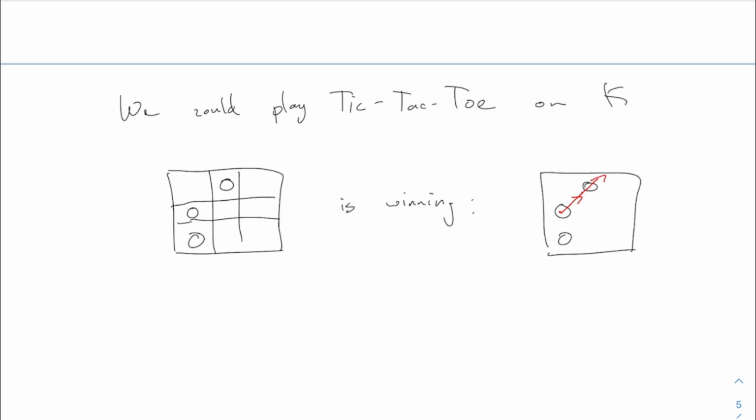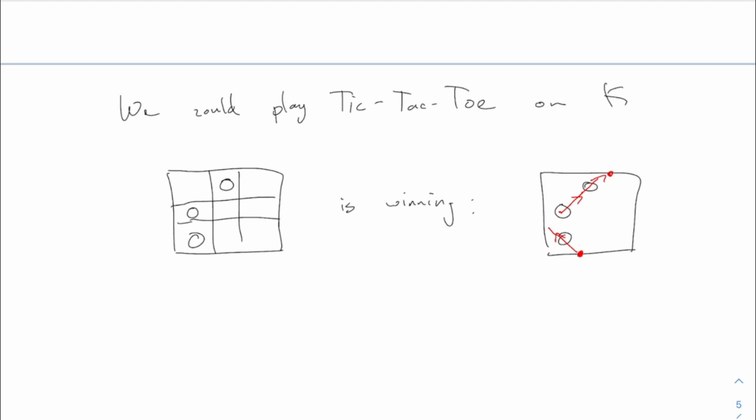Now, where does this diagonal line go once I leave the shape up top? This point right here is glued with that point on the bottom because of the twisting on the vertical side. Then this diagonal line, again because of the twisting, leaves this point going that way. And so that's 3 in a row on the Klein bottle, whereas on the torus, that's not 3 in a row.